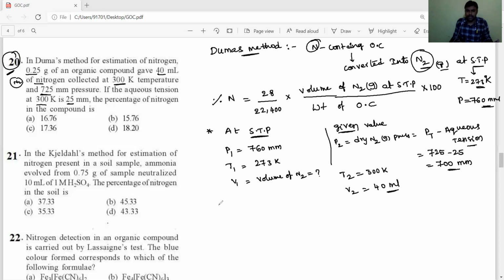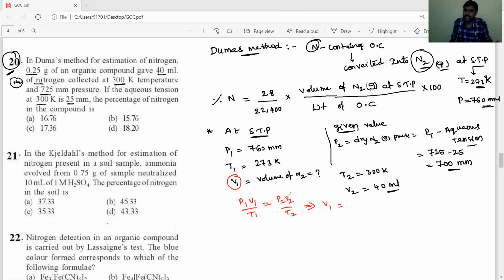Okay students, let's listen to the formula: P1 V1 by T1 is equal to P2 V2 by T2. Now what do we have to calculate, dear students? V1, the volume of N2 at STP condition.